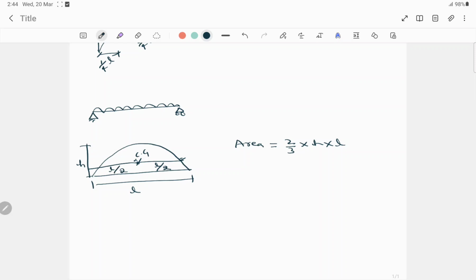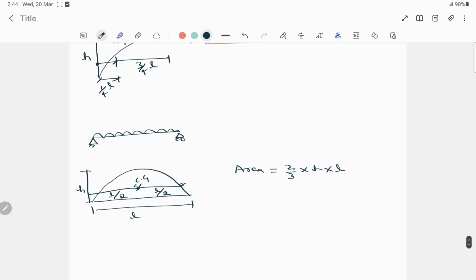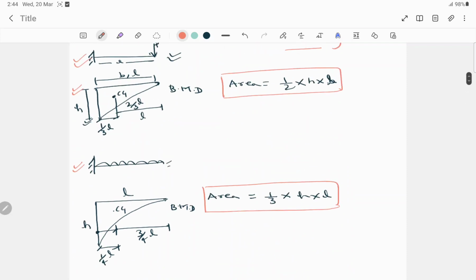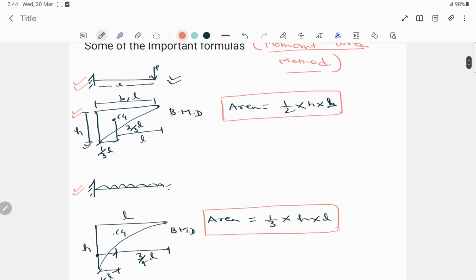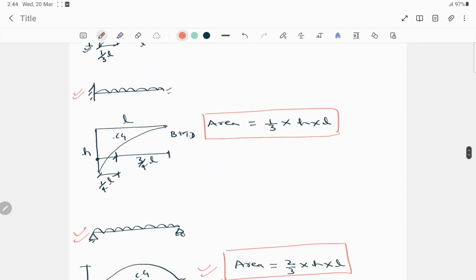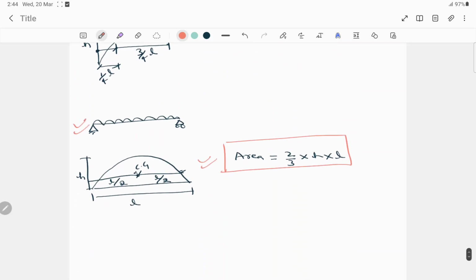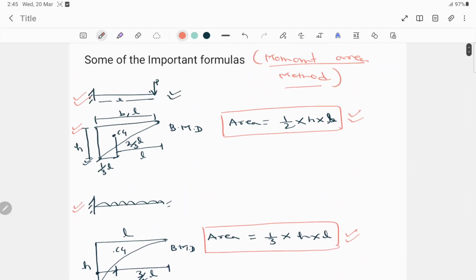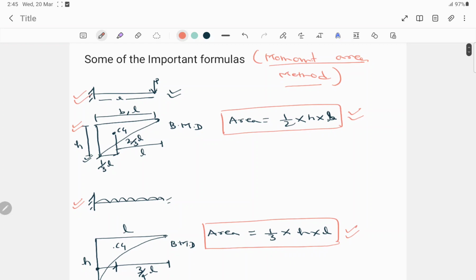So these three formulas are for a cantilever beam where a point load is acting, a cantilever beam where a UDL load is acting, and a simply supported beam where a UDL load is acting. So these formulas are very much important for finding the slope and deflection in the moment area method.